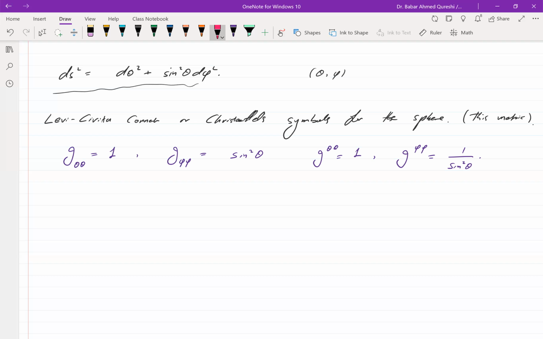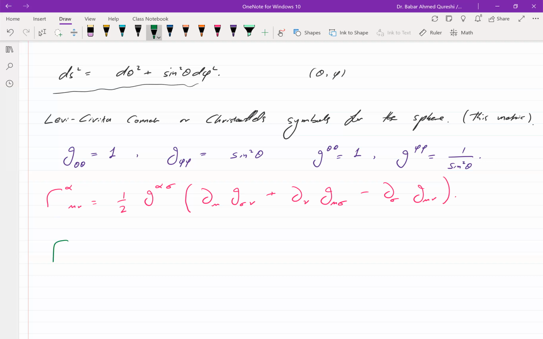Now, if I start calculating, well, let me first write the formula here again: g alpha sigma times d mu g sigma nu plus d nu g mu sigma minus d sigma g mu nu.